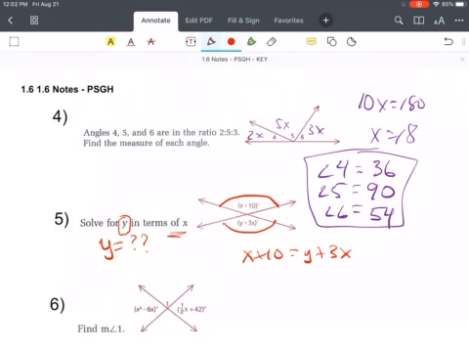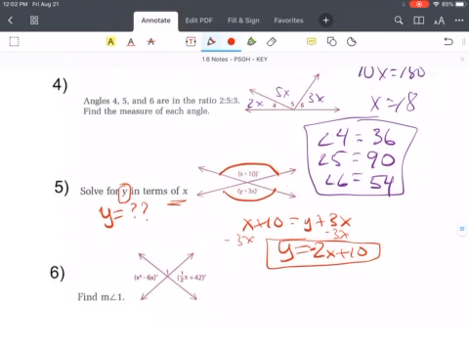Sorry, I'm not going to move x and 10 to the other side. I'm going to move 3x to the other side. So I'm going to get y equals negative 2x plus 10. And that's all you do because it says solve for y.